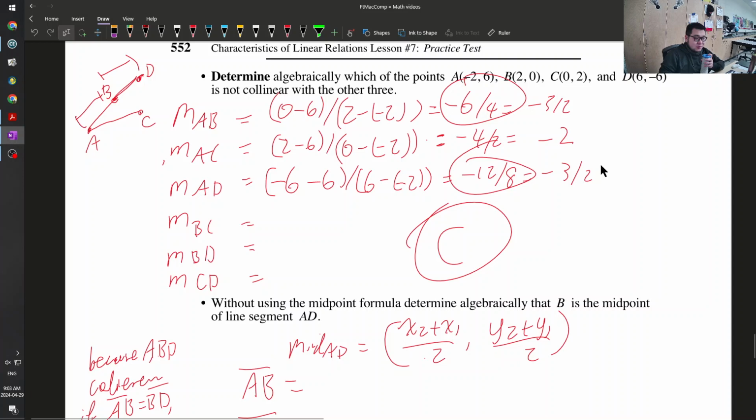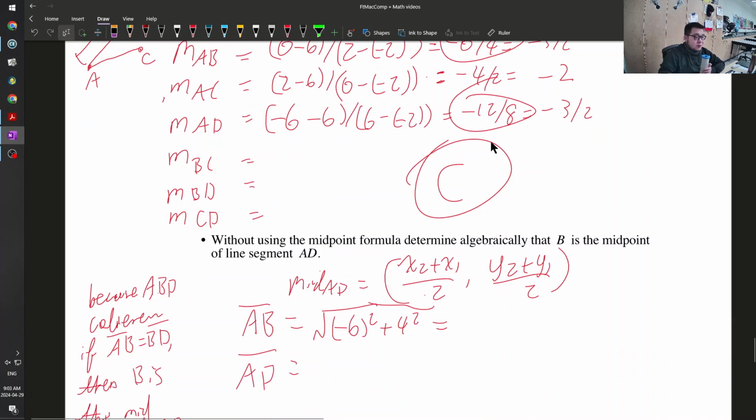So what is the length of AB? It is square root of negative 6 squared plus 4 squared. Why can I do this? It is because I already have calculated y2 minus y1 and x2 minus x1.